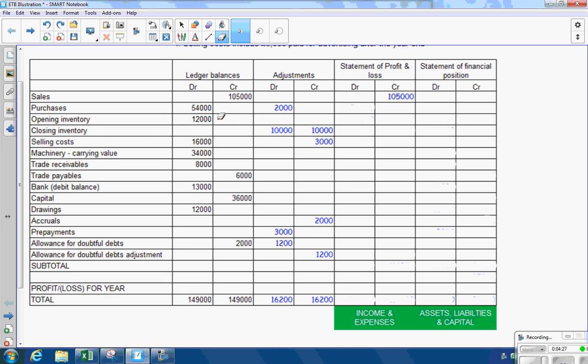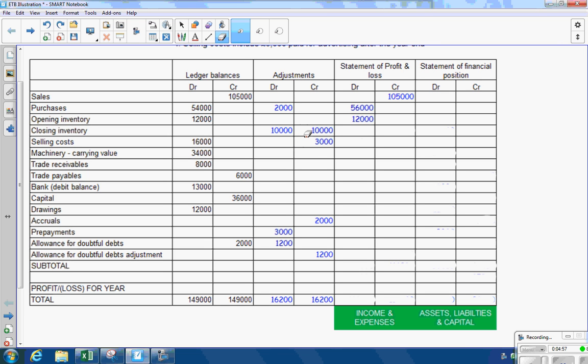Here I've got £54,000 in my ledger, and I've also got a debit balance of 2,000 in my adjustments. Well, I'm going to add those together, and that'll go into the debit column of my statement of profit and loss. Opening inventory next. Well, this isn't obvious, but I'm going to tell you that it is a statement of profit and loss account. Next we have the closing inventory.